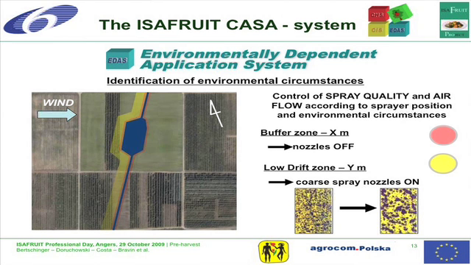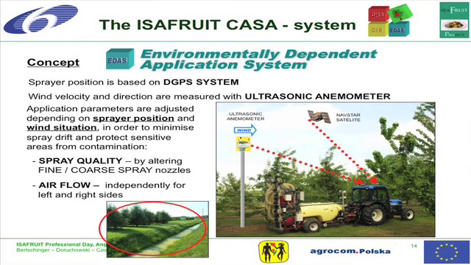The system is seen here actually. There is a navigation through GPS. There is an ultrasonic anemometer looking at the wind speed, and the spray position is based on a DGPS system.